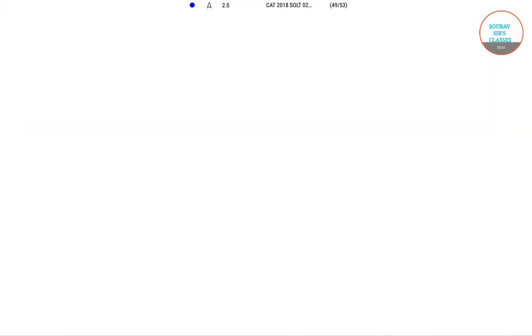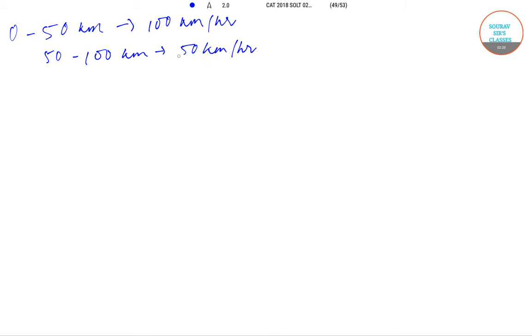The first 50 kilometers is traveled at a speed of 100 km per hour. So if we say 0 to 50 km, then 50 km to 100 km is traveled at a speed of 50 km per hour, and then the final 100 to 150 km is traveled at a speed of 25 km per hour. So this is the speed.